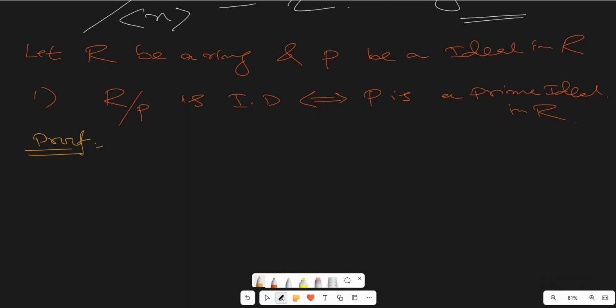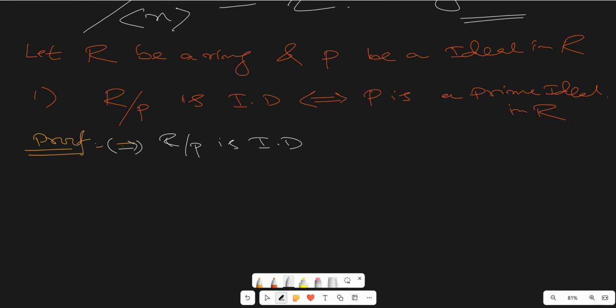Okay, the first equality you can show. So suppose, the forward part, R mod P is an integral domain.